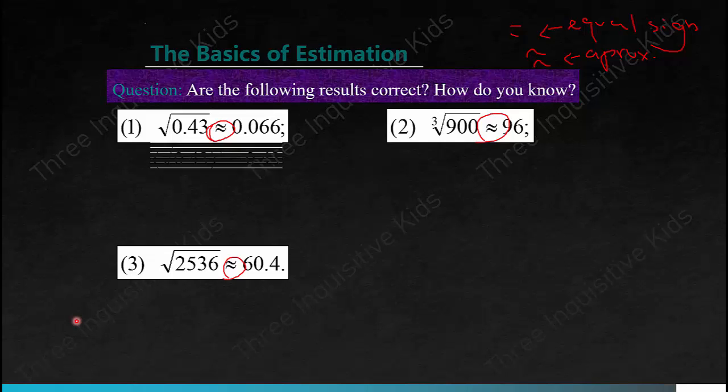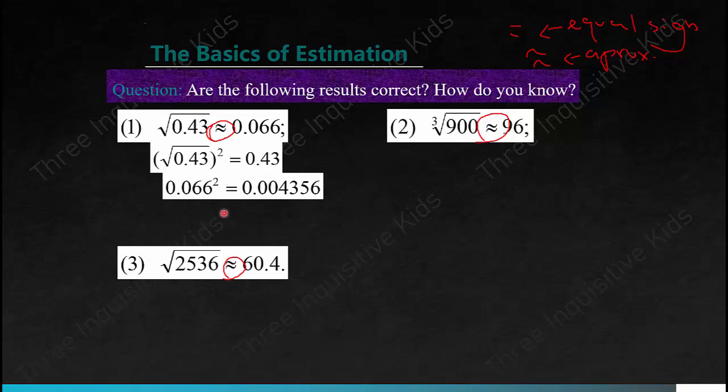For me, what I would do is square each side. If I square this side, it's 0.43, but if I square this side, it's 0.004356.